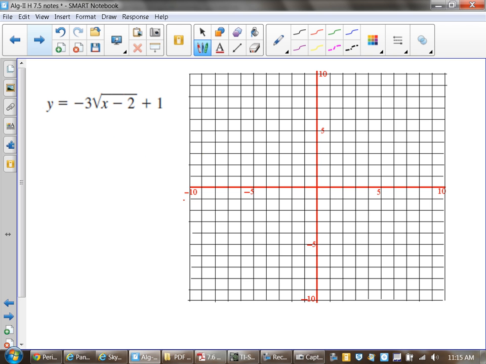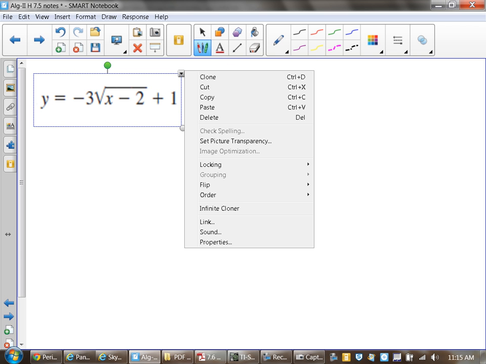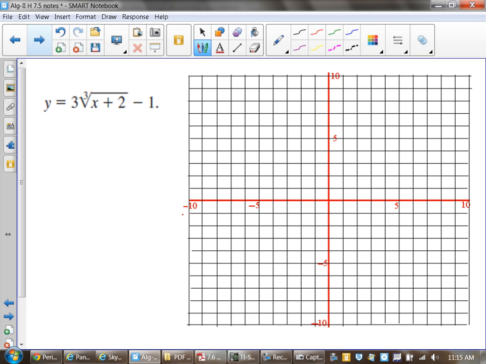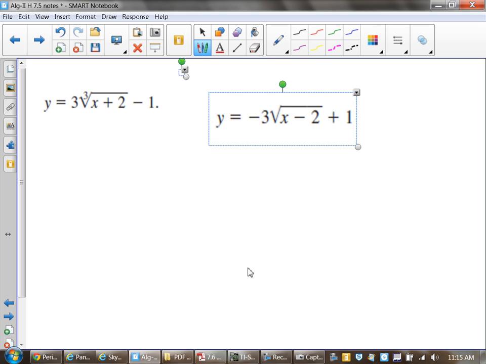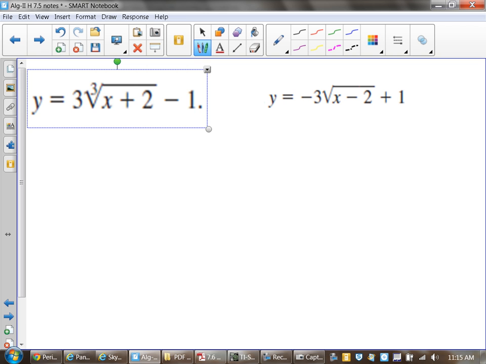All right. Try this one. You know what? I'll put this on with a cube root at the same time, so you guys can do two of them. Here's a cube root. Wait, I just did that one.